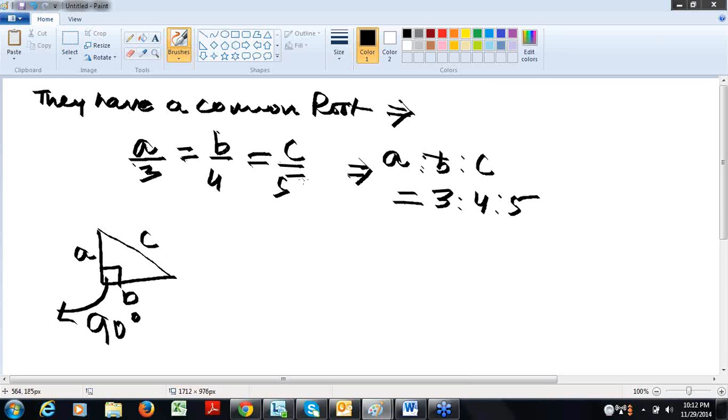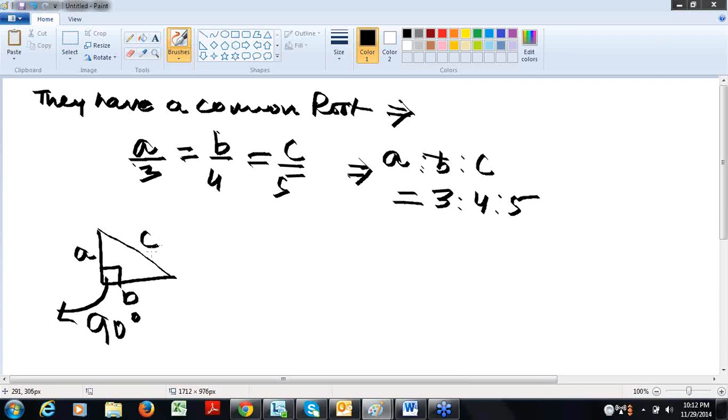That means the ratio of a, b and c, the three sides, is 3:4:5, which is nothing but a Pythagorean triplet. So we'll represent it as a triangle with sides 3, 4 and 5. What will be the angle C?